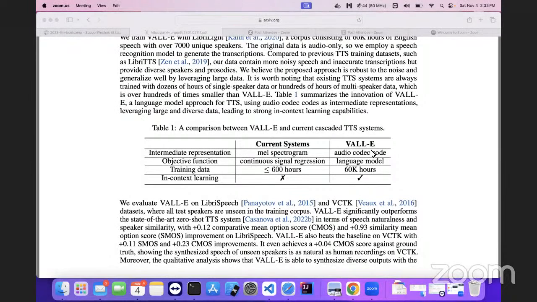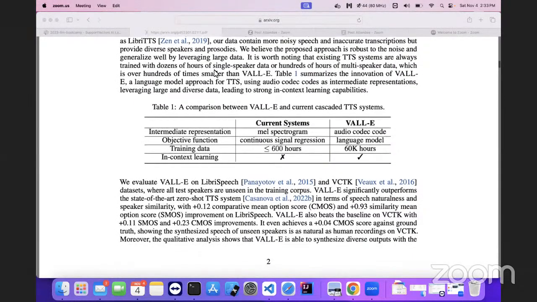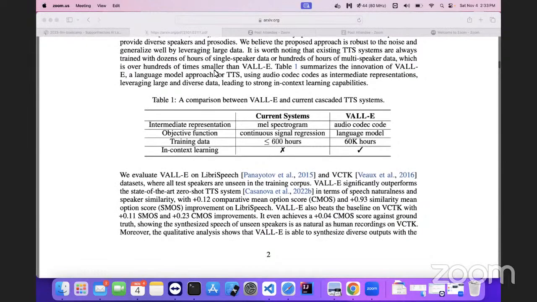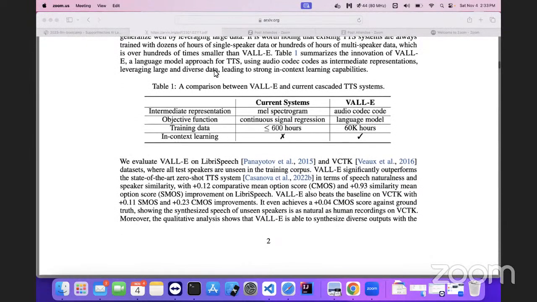So they have used this audio codec as the intermediate representation, and conditioned on the audio codec representation, they are generating the final output. Now this objective function part, I didn't really understand what they actually meant by continuous signal regression versus language model. I think it's how they view the whole thing.